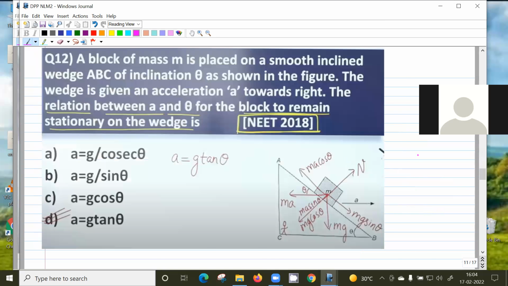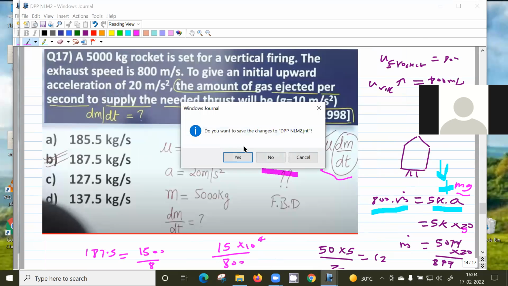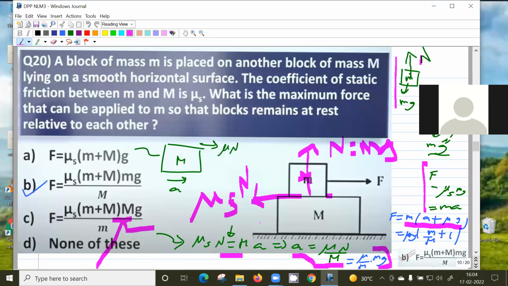Okay. Yesterday there was some confusion with this one. See here, the normal reaction: there are two normal reactions. One is on this surface between m and M, and there is one more normal reaction here. But you don't have to bother about this normal reaction.